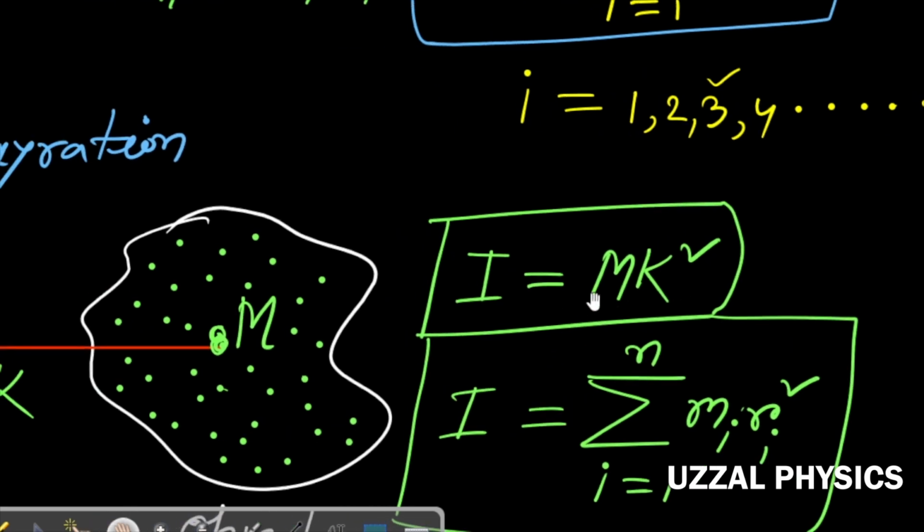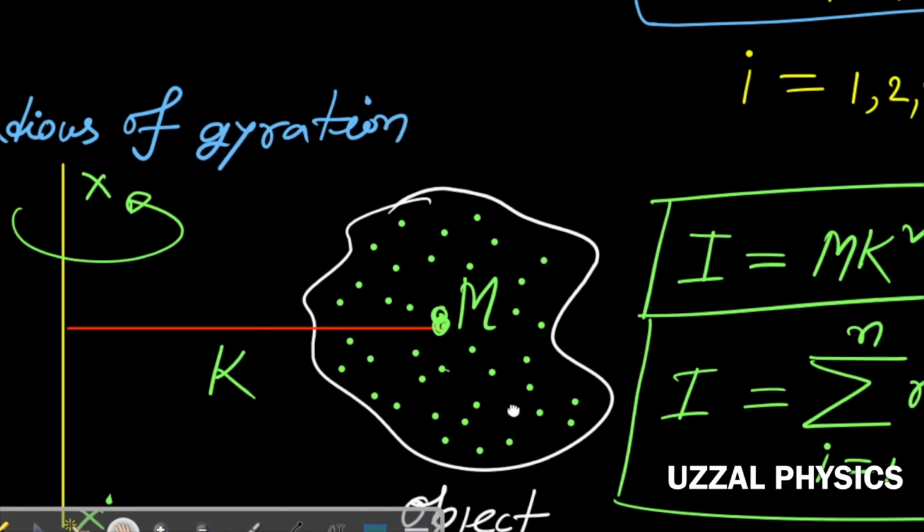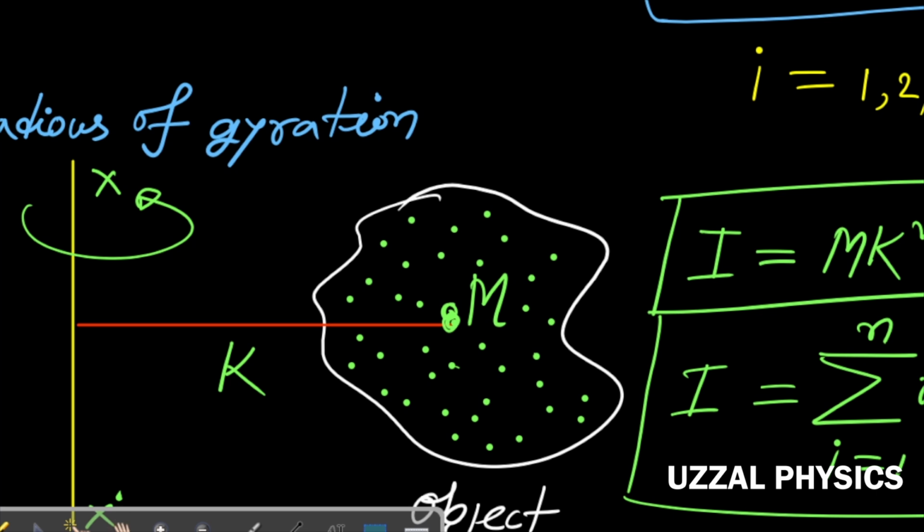Here try to understand, m means the total mass of the object and k means a special distance. What is the special distance? Every object has a special distance from the rotational axis and a special point. The name of this special point is the center of gravity.